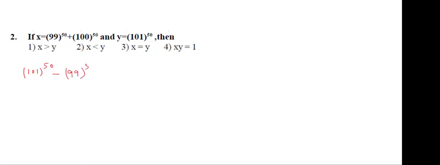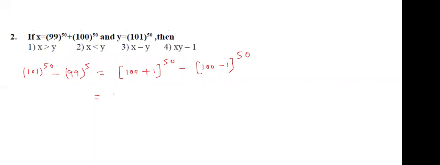Why am I taking these two? See, 101 we can write as (100 + 1)^50, minus 99 means (100 − 1)^50. Now in between, what is their subtraction? Expand both and observe that some of the terms are going to cancel.